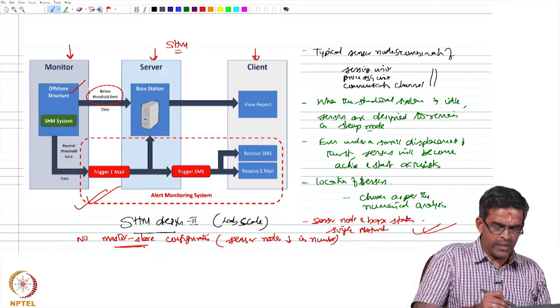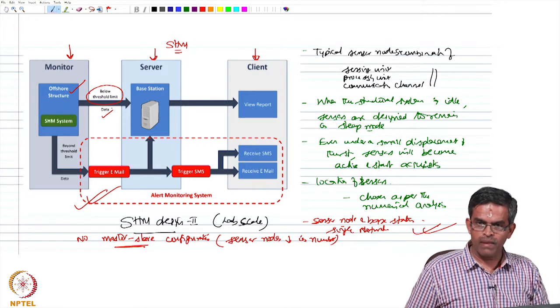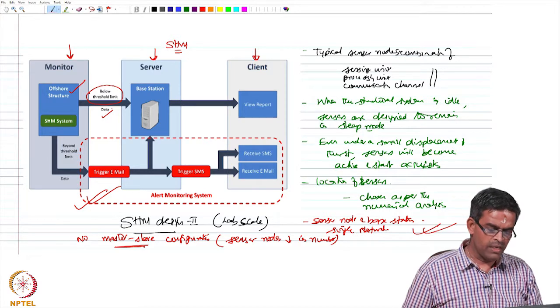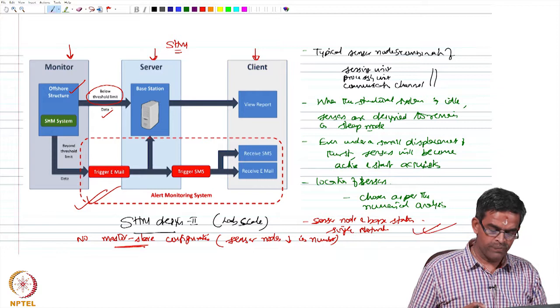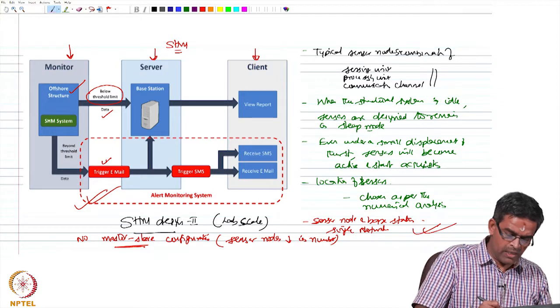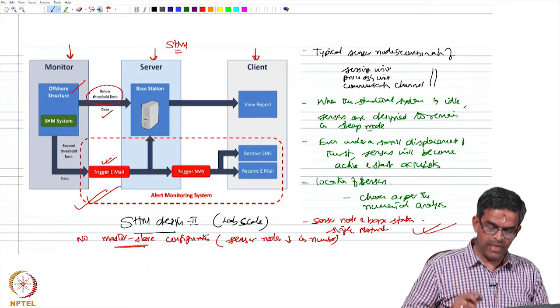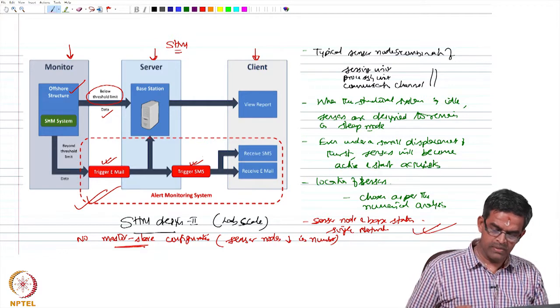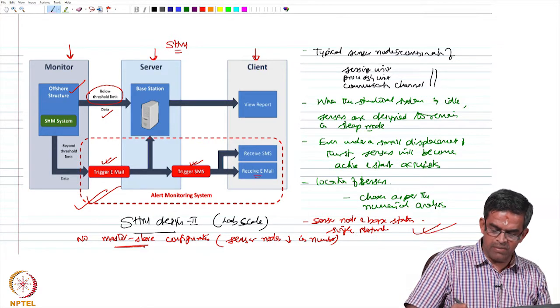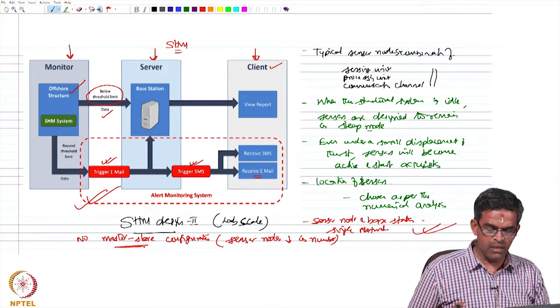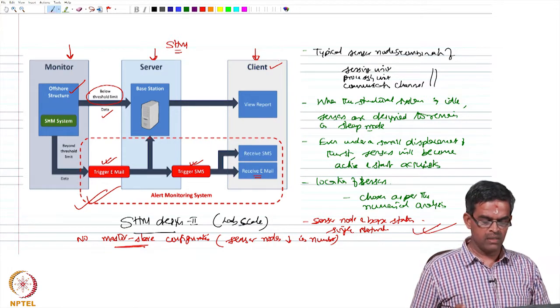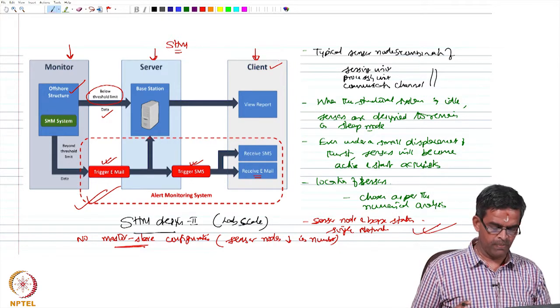When the acquired data on mapping with the existing data exceeds the threshold value, then it has to trigger an email, it has to also trigger an SMS, and the email has got to be received in the client server showing that the structure has undergone a displacement or a response which is above the threshold value.